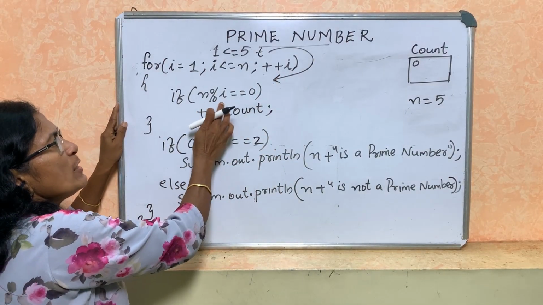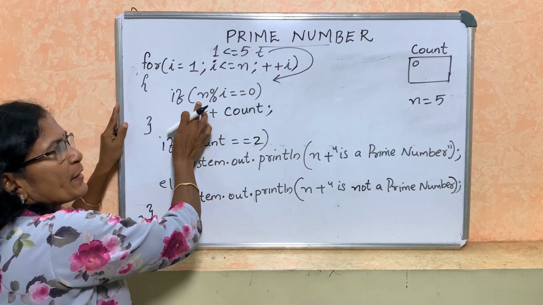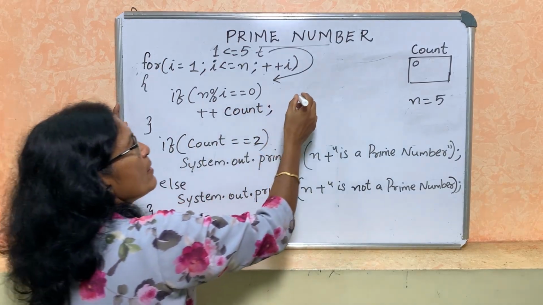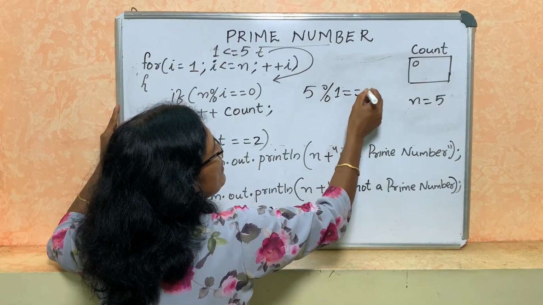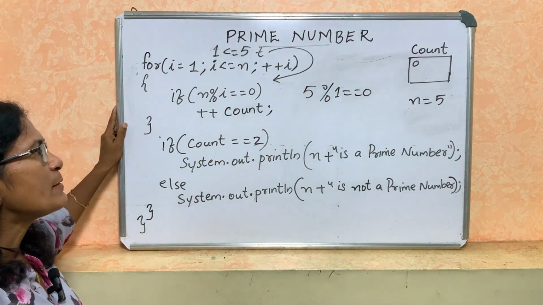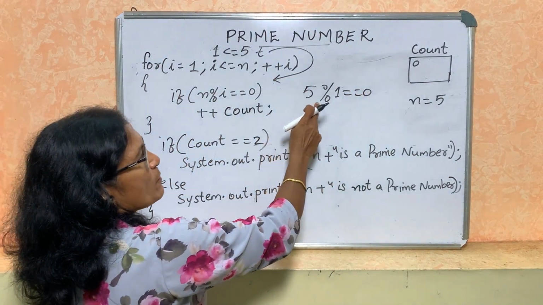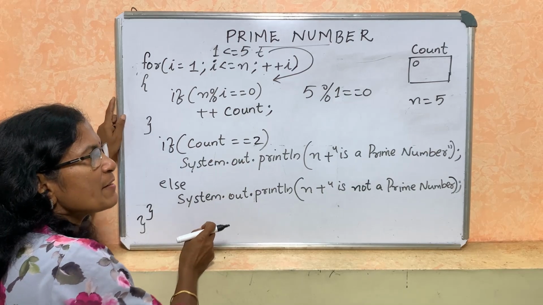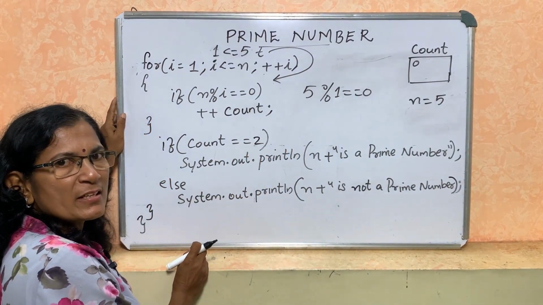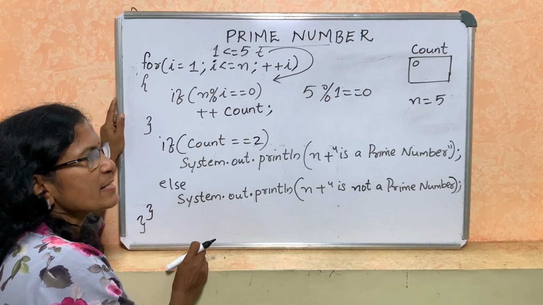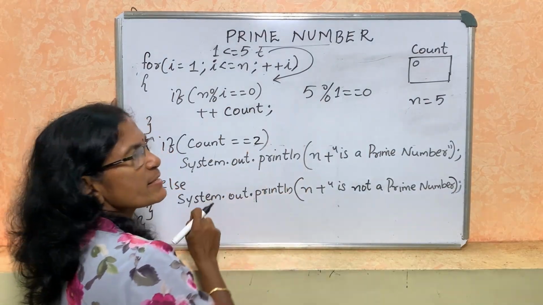If n modulus i, n is 5, 5 modulus 1 is equal to 0, the test expression is evaluated. 5 modulus 1: the modulus operator will divide the given number 5 by 1 and the remainder of the division will be returned as the result. 5 modulus 1 is equal to 0.